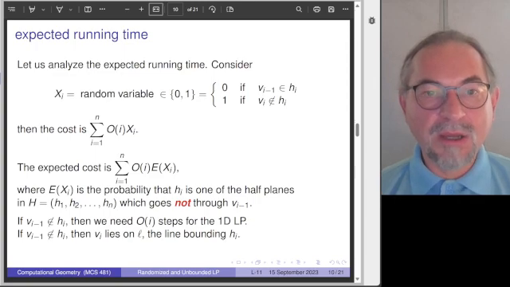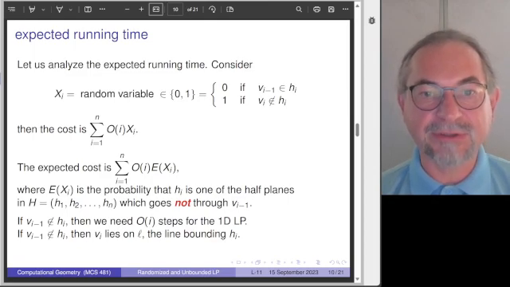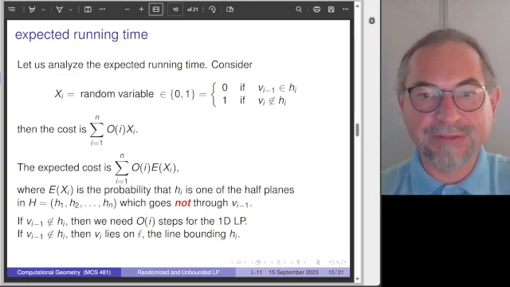So, we have the expected cost, so the cost of the point.